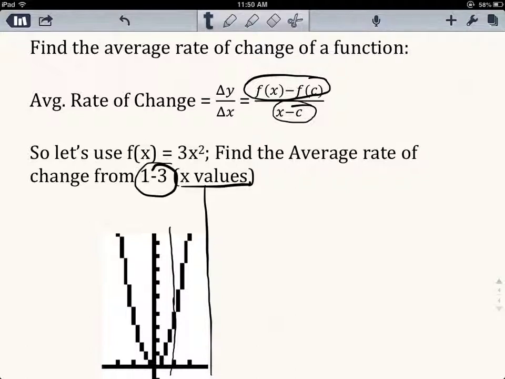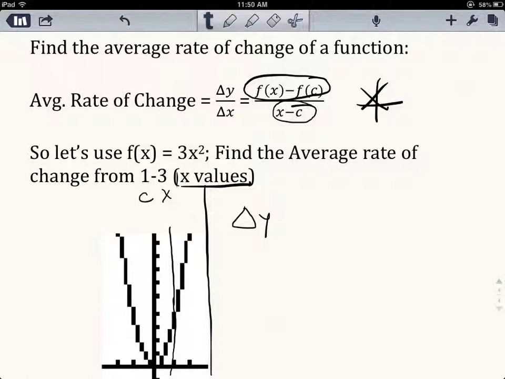So our formula is right here, and the change in y is sort of like what we used to do with slope, where it was y2 minus y1. Well, we do the same thing here. We start with our x values, and we say, all right, we're going to go out to x and back to c. Okay, so out to x and back to c.